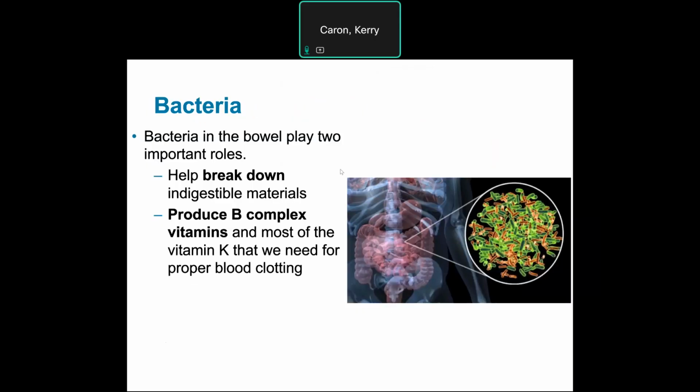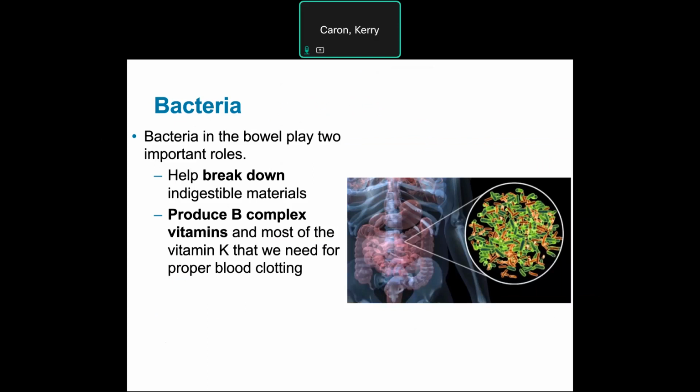Bacteria in the bowel is very, very important. This is your important healthy bacteria. They call the bowel the second brain or the little brain. A lot happens here, and it's still being scientifically discovered. Bacteria are going to help break down indigestible materials.